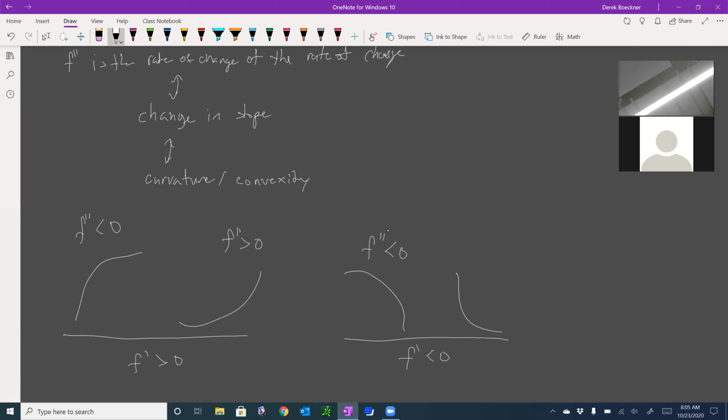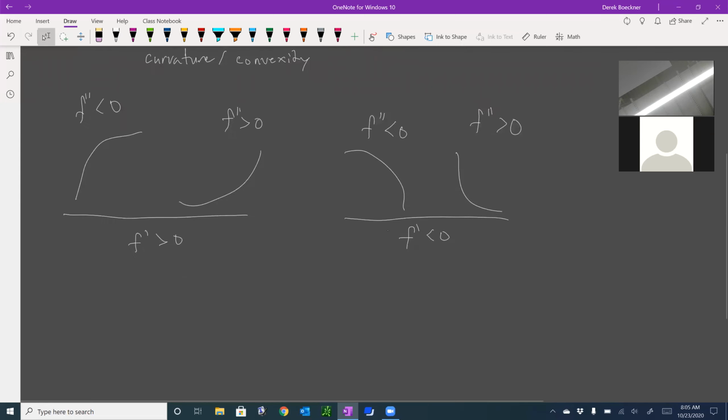This one starts out very negative with its slope and isn't as negative, so f double prime is bigger than 0.